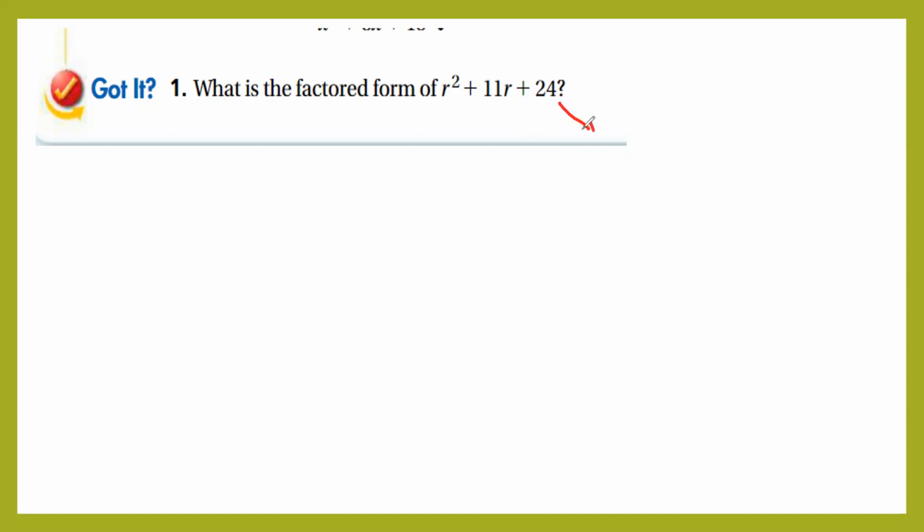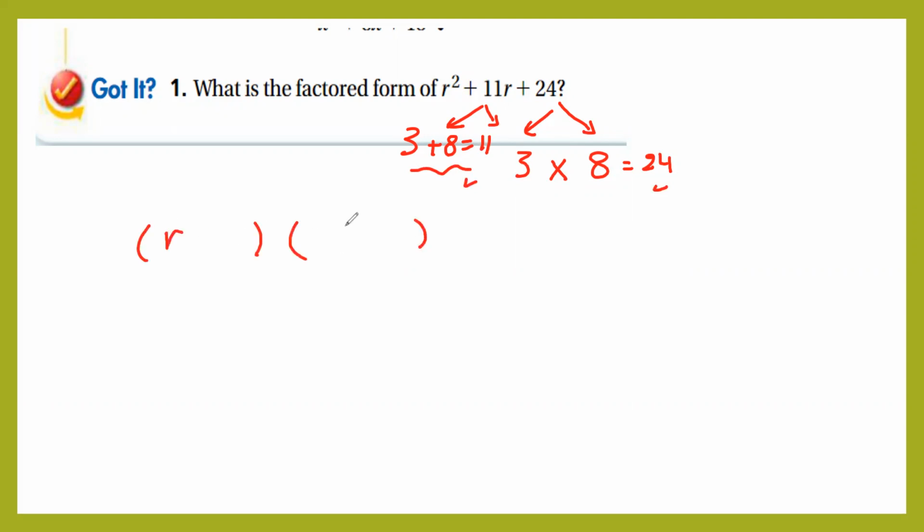Okay, what will I write here? 24 could be 3 and 8, yes? 3 times 8 is equal to 24. If I add them together, 3 plus 8 gives me 11. So I can use 3 and 8. The two parentheses: the first one is x, the second one is x, with 3 and 8 and plus and plus.